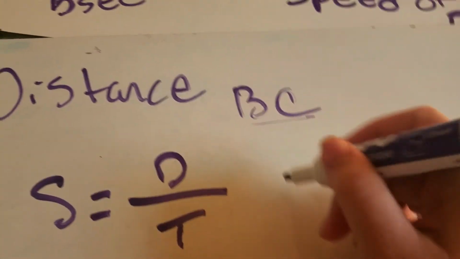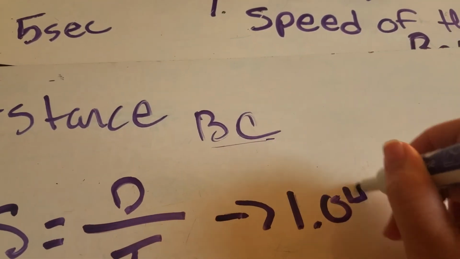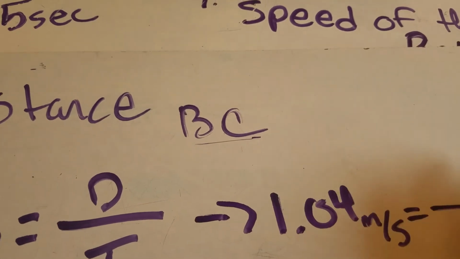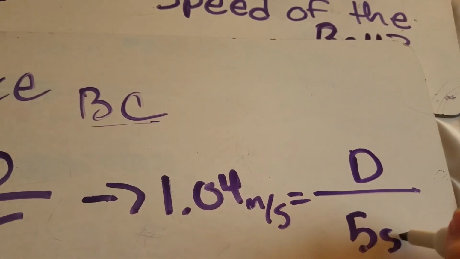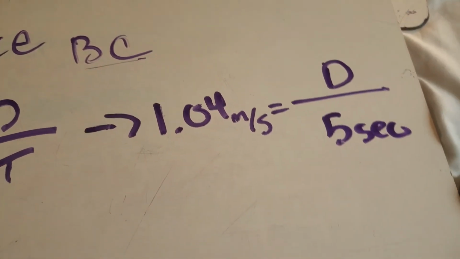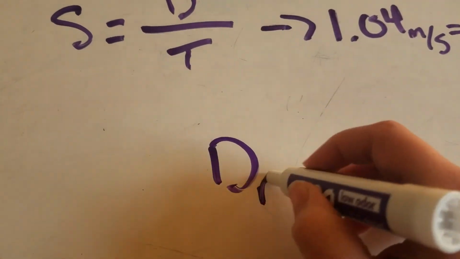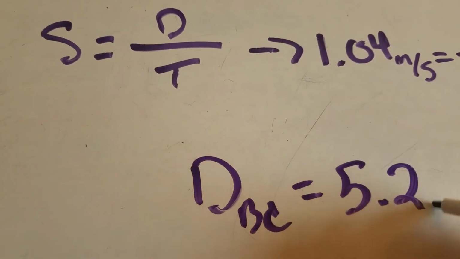So the speed is going to be 1.04 meters per second equals, we are looking for the distance over time, 5 seconds. Multiply both sides by 5 to get the d alone, and our answer is distance of BC is equal to 5.2 meters.